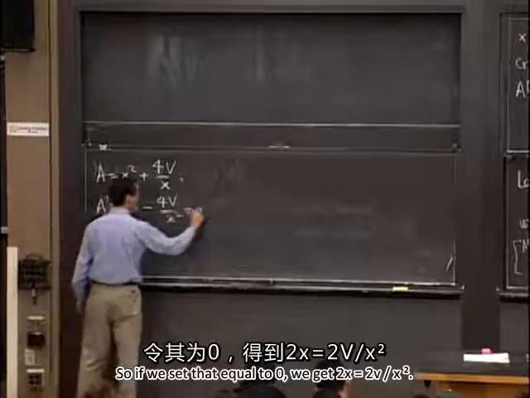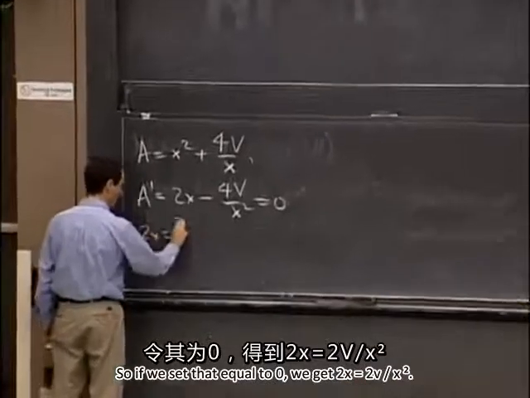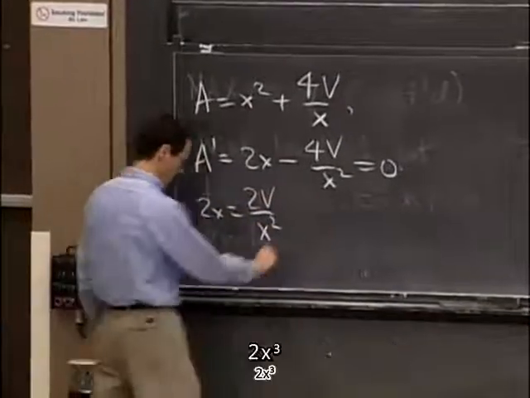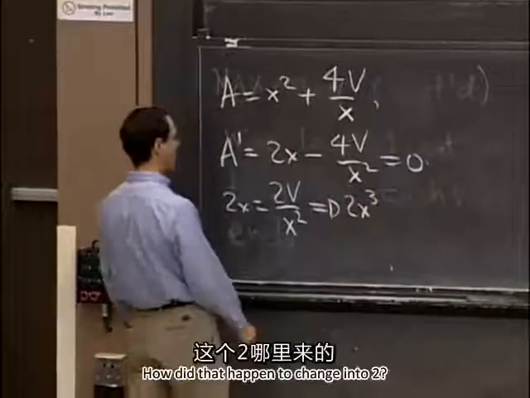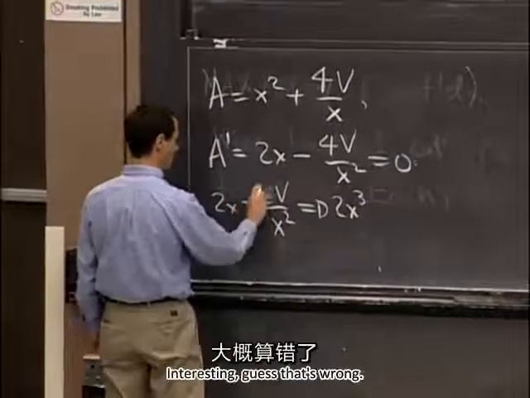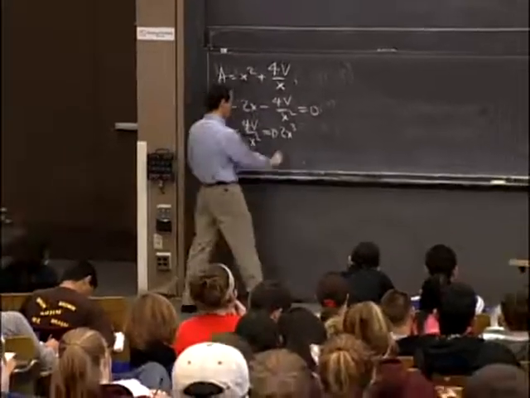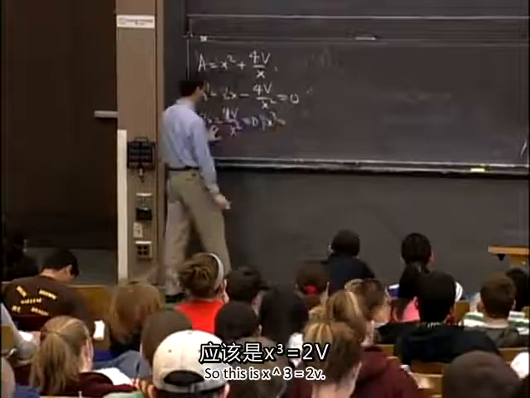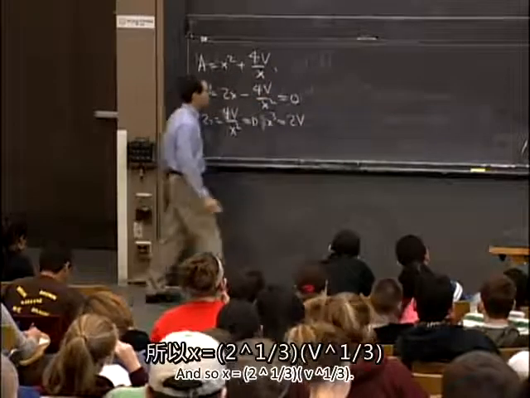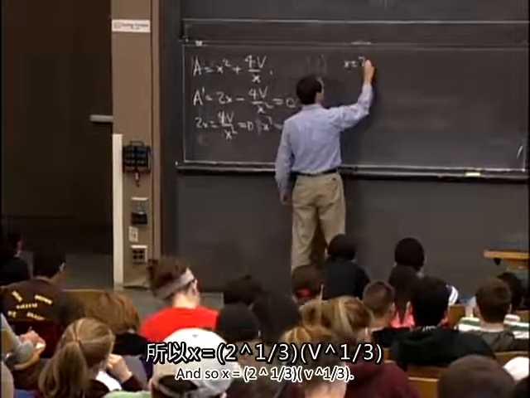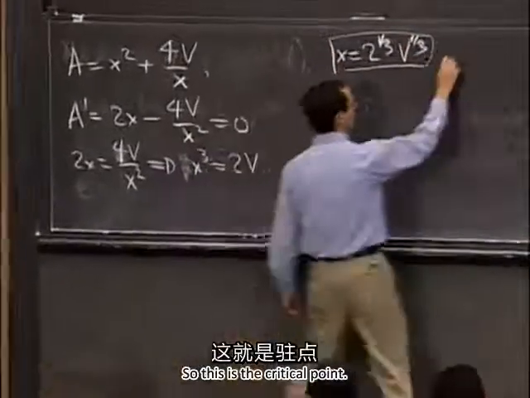So if we set that equal to 0, we get 2x equals 4v over x squared. So 2x cubed equals 4v, right, so this is x cubed is equal to 2v. And so x is equal to 2 to the 1/3, v to the 1/3. All right, so this is the critical point.